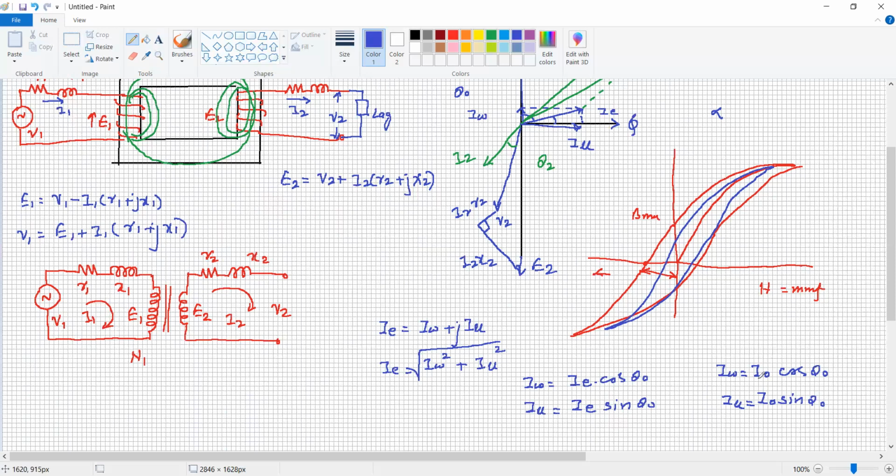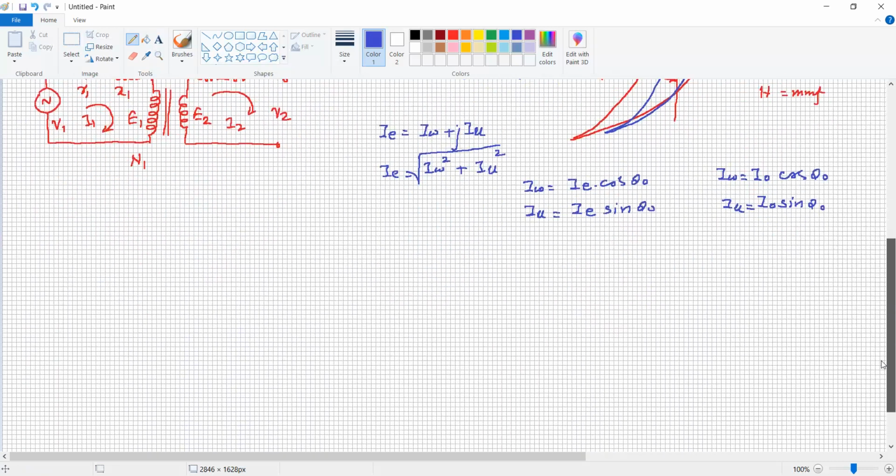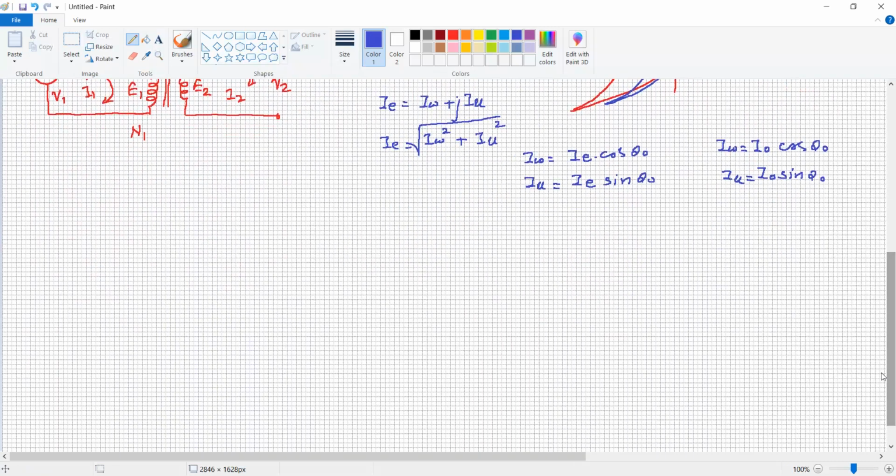So if you recall the highlights of the lecture, the first point is a very important equation: V1 upon V2 is equal to N1 upon N2 is equal to I2 upon I1.